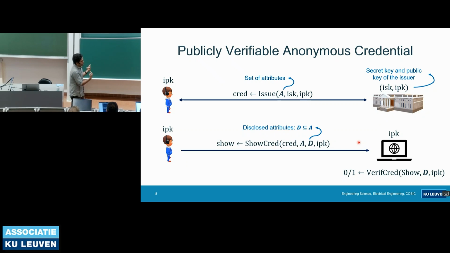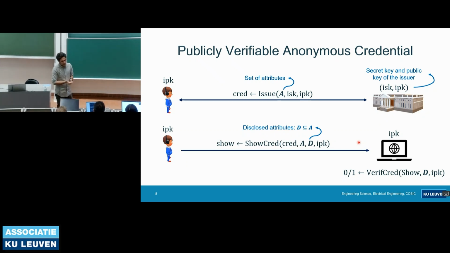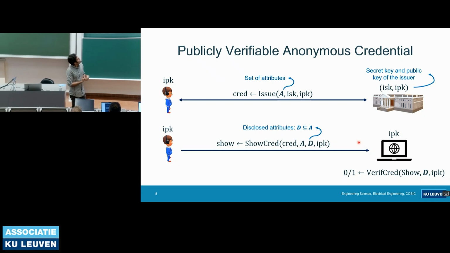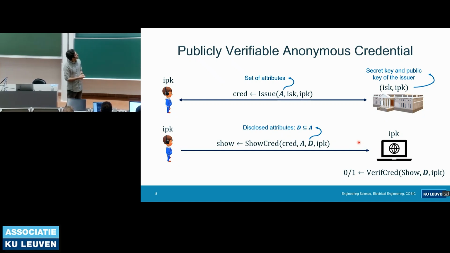So together, they run an algorithm Issue, so that at the end the user will be provided with a credential, and the issuer generates this credential using its secret key.